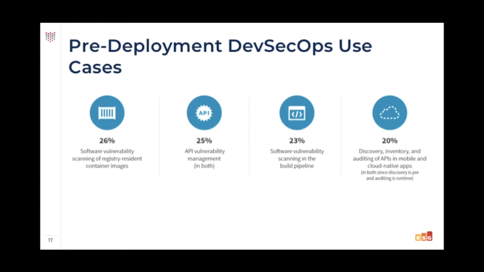And we talked earlier on one of the problem slides about one of the top challenges being gaining visibility into the configuration of workloads. That's certainly part of it, comparing workload configs against CIS benchmarks. And we can see here that the number one issue was software vulnerability scanning of registry resident images, vulnerabilities in APIs, but also software vulnerability introduced during the build pipeline, and then discovering the use of APIs in source code.